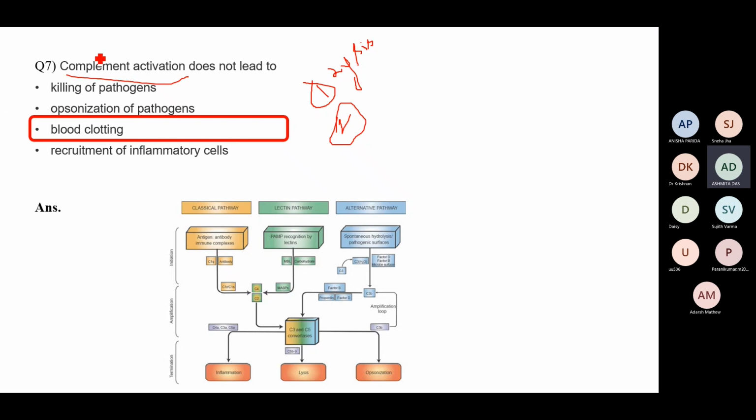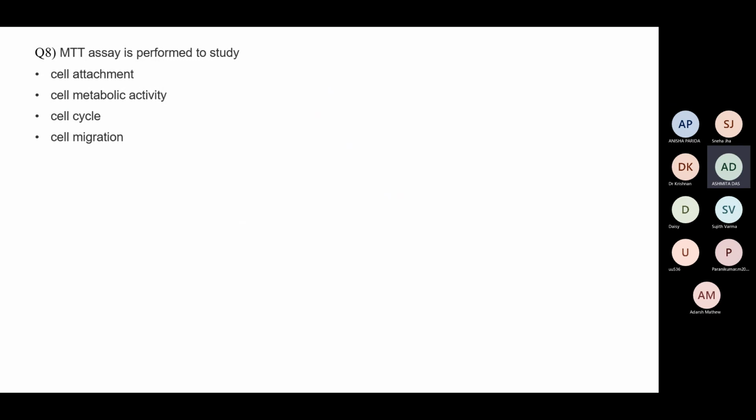Do I need to discuss the entire process of the stages of complement activation? Okay, so now to the next question. MTT assay is performed to study.